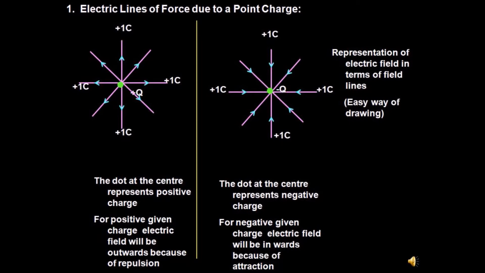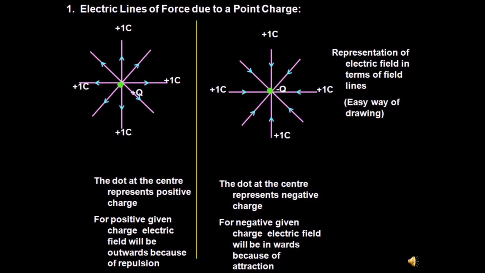In the same manner, let us understand the second diagram. In the second diagram, we are asked to draw the electric field lines due to a negative charge. So the given negative charge is at the center. To draw the EFL, electric field lines, we have to again assume the unit positive charge around it everywhere.